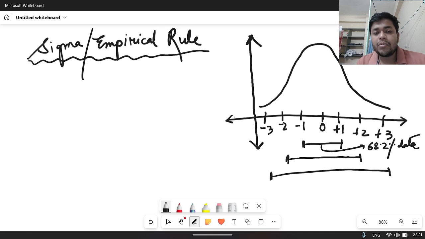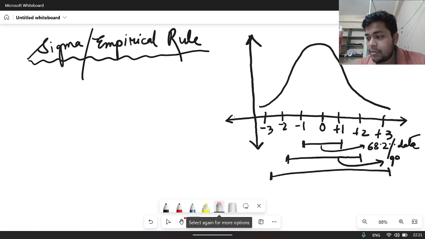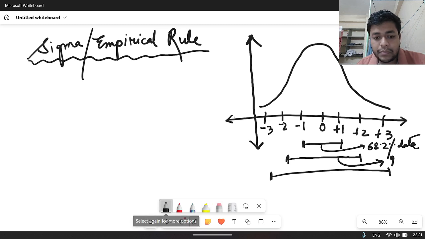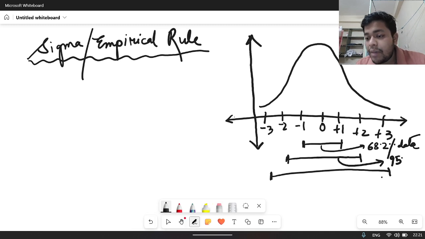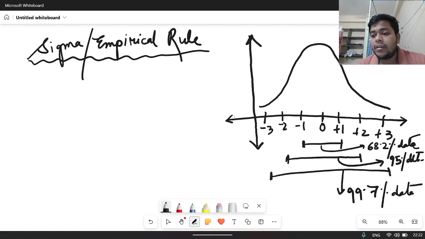This has been proved via various numerical methods. In the second region, from -2 to +2, 95% of your data will lie. And in the region from -3 to +3, 99.7% of your data will lie.